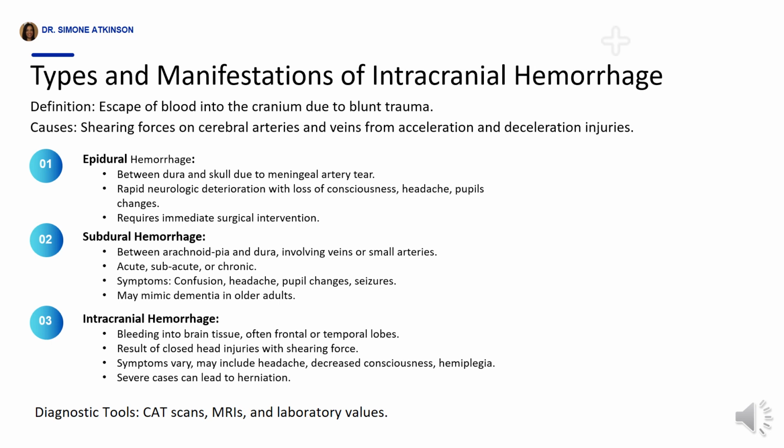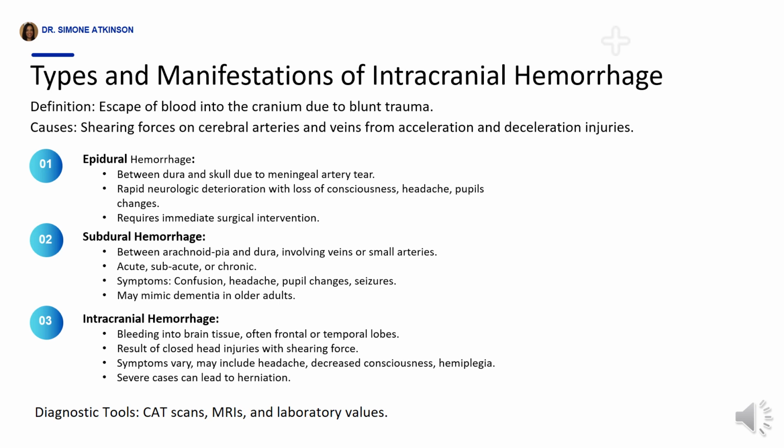In cases of epidural hematomas, clients may lose consciousness and experience a short period of lucidness, followed by rapid deterioration and exhibiting symptoms like drowsiness, coma, headache, fixed dilated pupils on the affected side, hemiparesis, hemiplegia, and even possible seizures. Now, immediate surgical intervention is necessary for this condition.